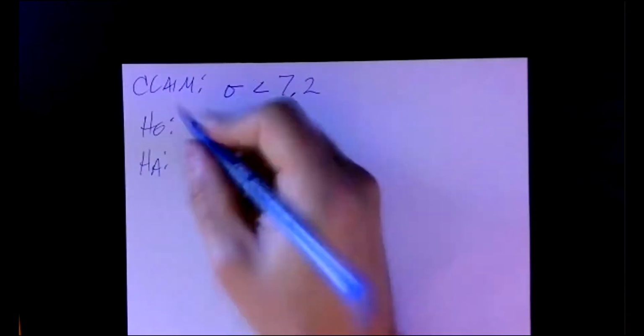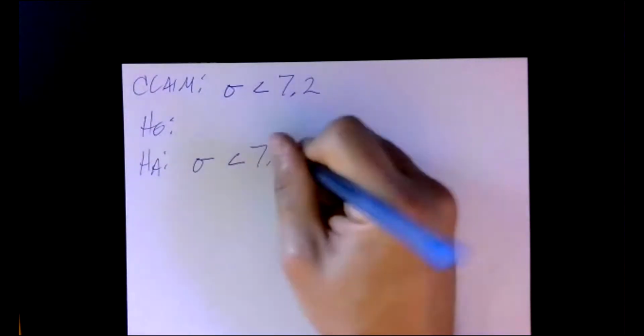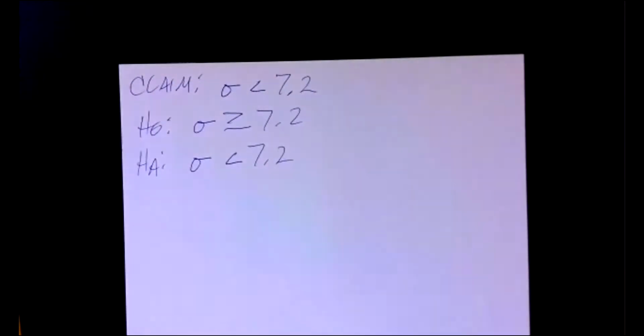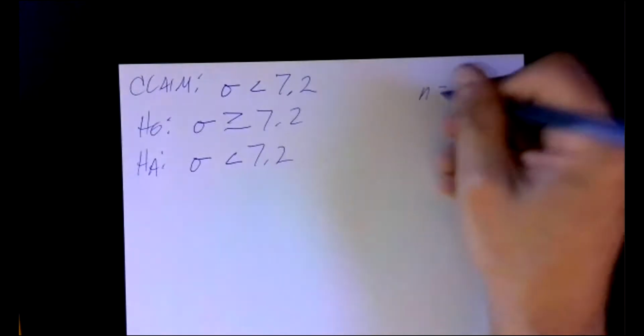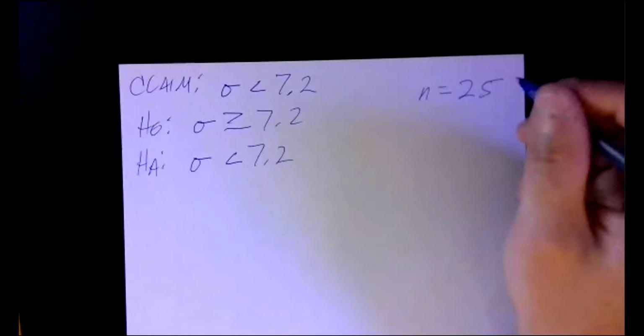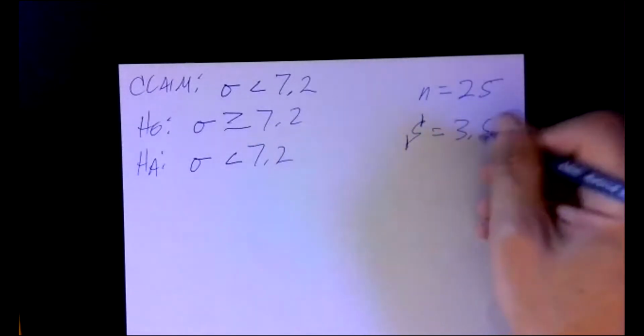State the hypotheses. This does not contain equality, so we move it to the alternative. Greater than or equal to 7.2 for the null. N is 25. Sample standard deviation S is 3.5.